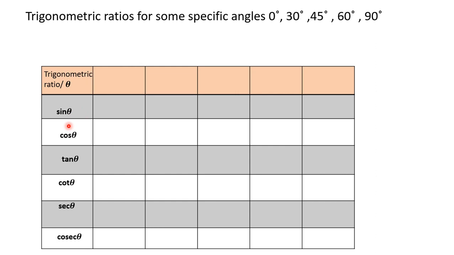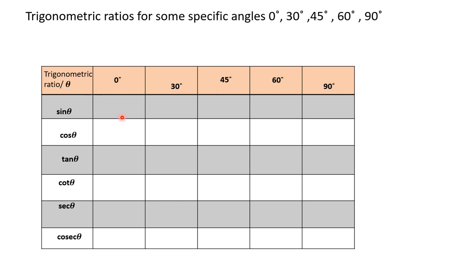We have written the trigonometric ratios in this sequence, as in the previous sessions, where we understood why we write this order. Then we have to find the values for 0 degree, 30 degree, 45 degree, 60 degree and 90 degree.